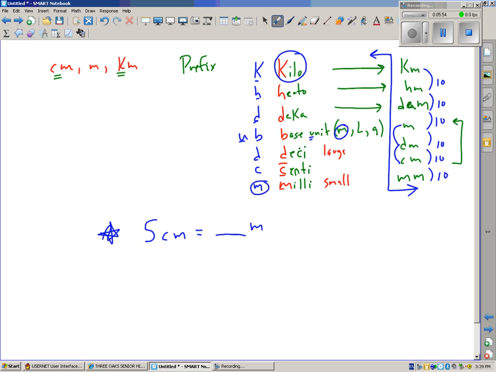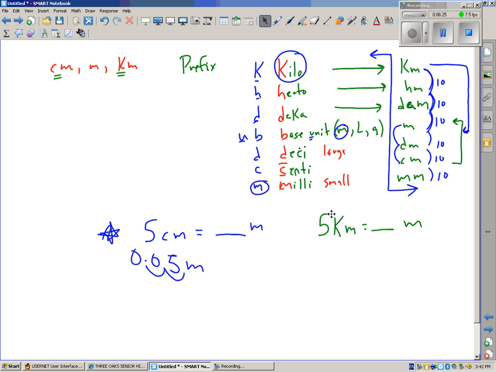I'm going up, so I move the decimal twice to the left, and that's how many meters 5 centimeters is. And then if you get another question where it's 5 kilometers equals how many meters, the good thing about the metric system again is you could say, I'm starting at kilometers, I'm going all the way down to meters, and I went down 1, 2, 3 steps.